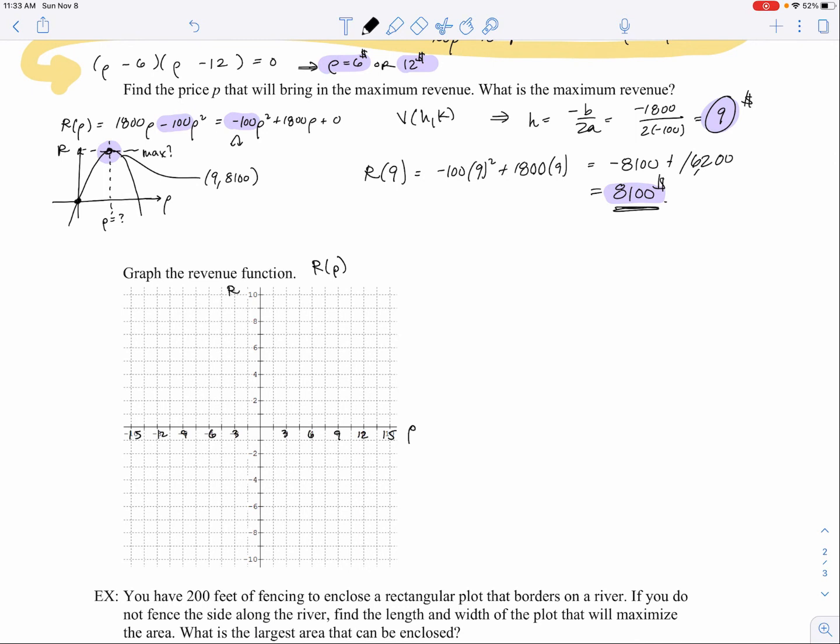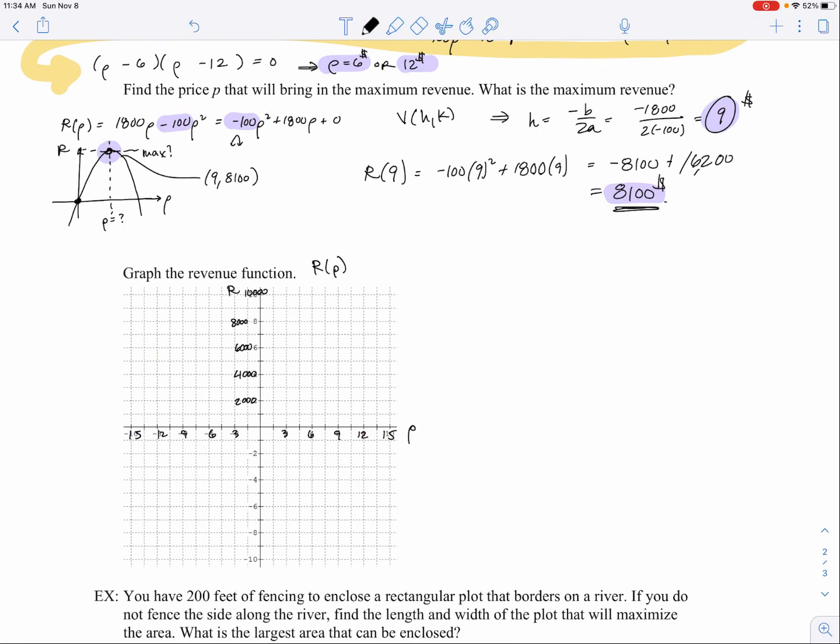And as far as the vertical scale goes, gee whiz, let's make this, 8,100, geez. Let's make this 2,000, 4,000, 6,000, 8,000, 10,000.